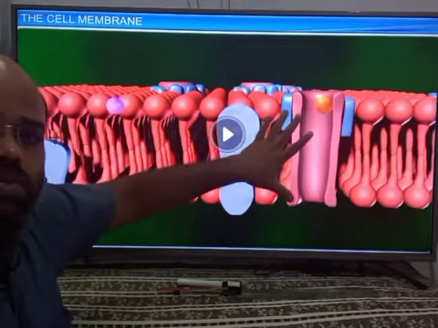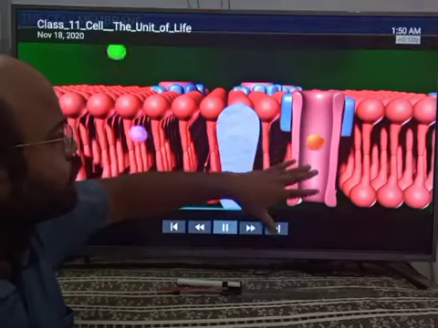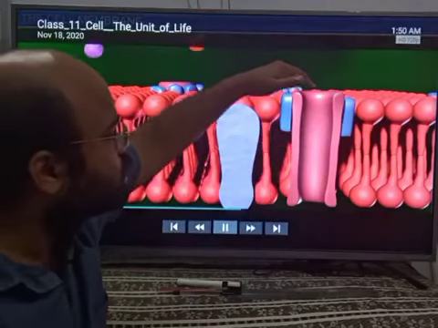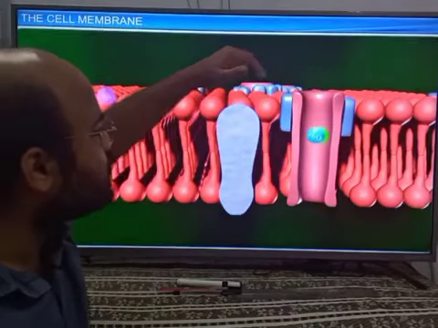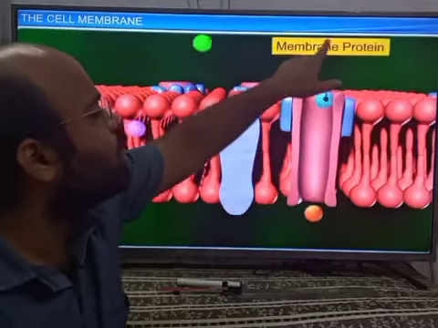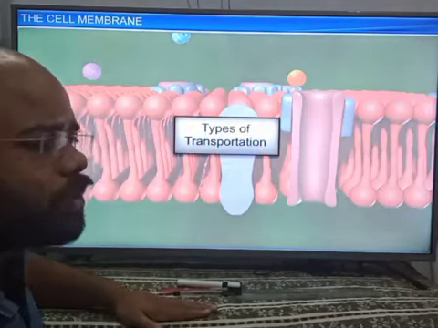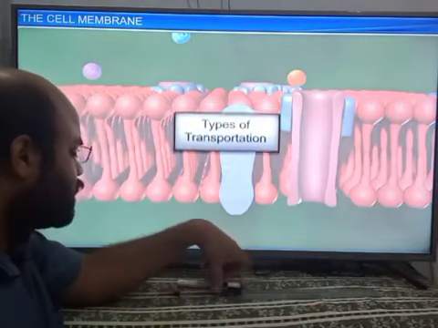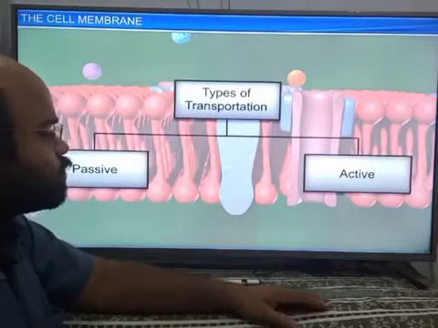That is why I am showing you the animation of this part. See, these molecules are not permeable through this phospholipid bilayer, but they are allowed through some channel proteins, the membrane proteins found within the membrane. Transportation is basically of two types we discussed, passive transport and active transport.